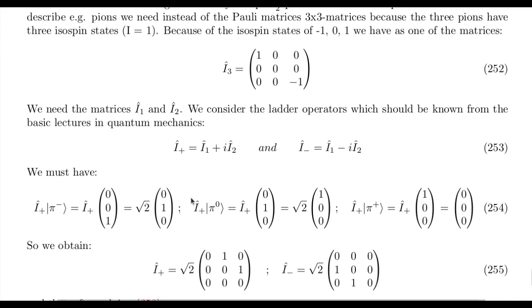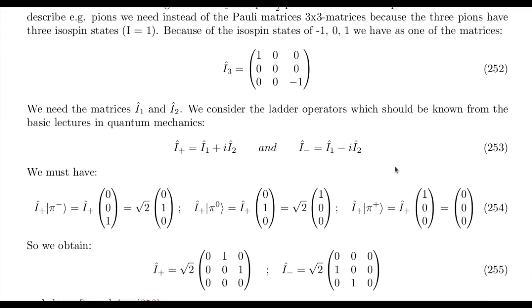If we apply the I plus operator to the pi 0 state, then we get 1, 0, 0. That is the pi plus state then. And if we apply the I plus to the pi plus state, then we must have the 0, 0, 0 vector, because there is no state beyond the pi plus state.